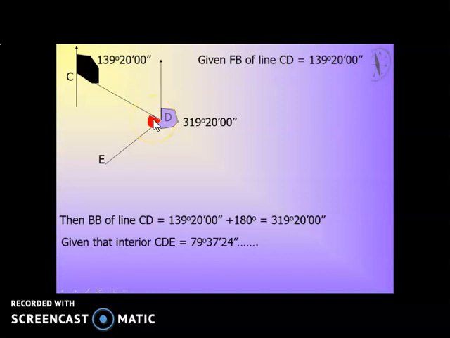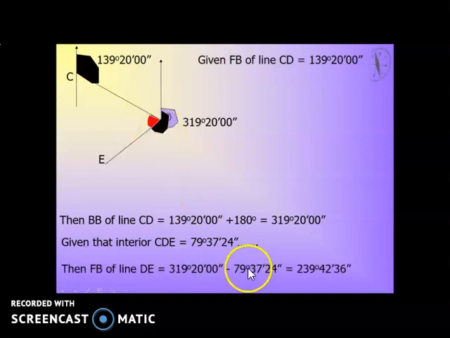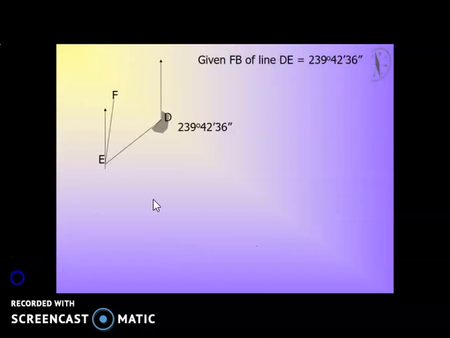So now if you want to find the forward bearing of the line DE, from here to here, you can take the whole angle here, the 319 degrees, 20 minutes, and subtract away this region here. You get the 239 degrees, 42 minutes and 36 seconds.